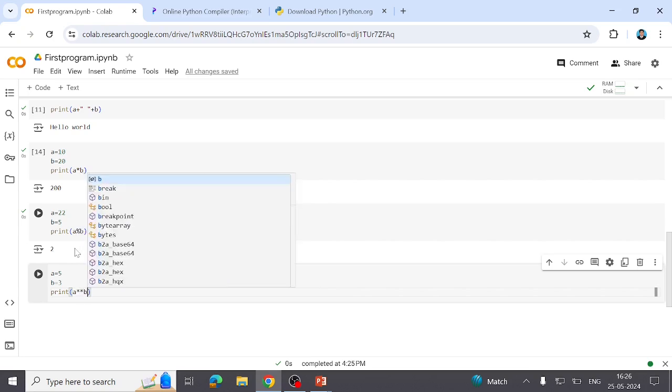A double asterisk b means the Python function calculates the power of a to the power b.